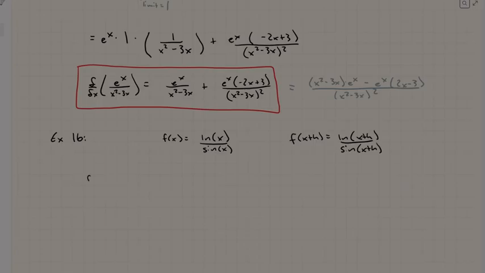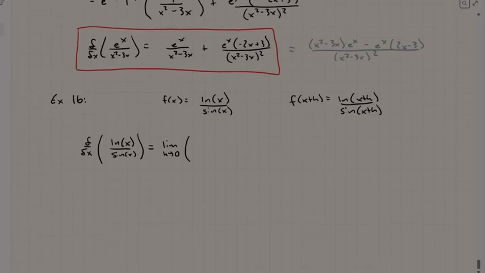All right, that means then that the derivative of ln of x over sine of x can be defined as the limit as h approaches 0 of, now we need to do f of x plus h minus f of x over h.